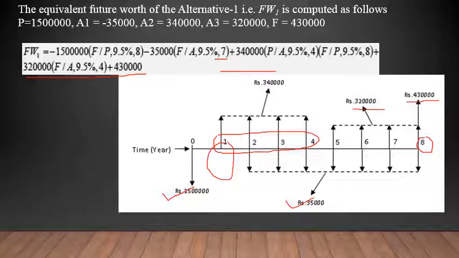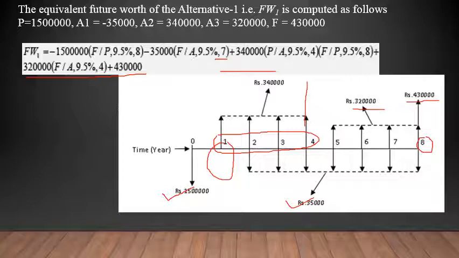Either I have to convert this into P and then to its F, or even if I convert this 1 2 3 4 3,40,000 flow into F, its F will be situated at t equal to 4 only here. It won't be situated at t equal to 8.